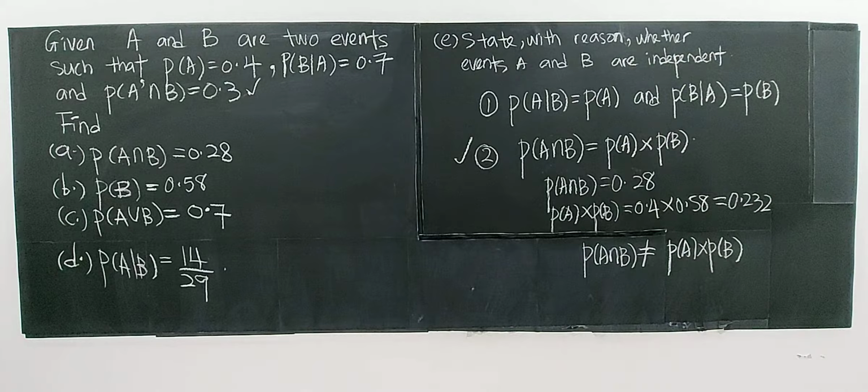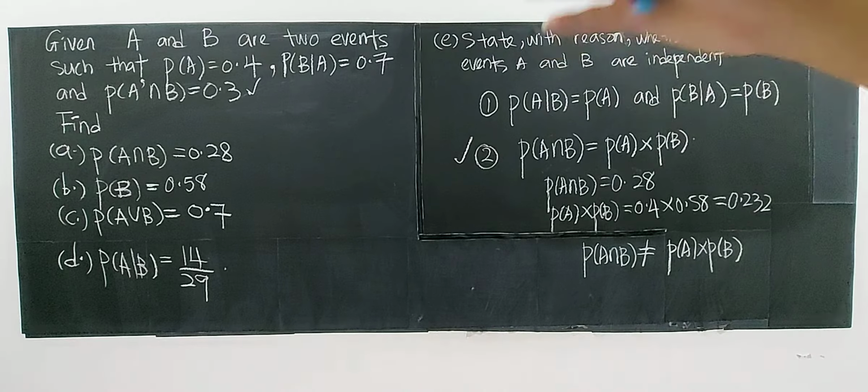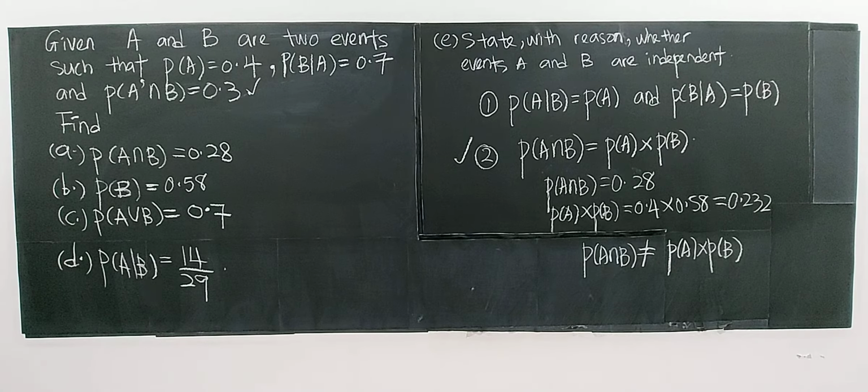They depend on each other, meaning A depends on B and B depends on A. A very simple way of doing this question. All right, let's go for more examples of this type of problem.